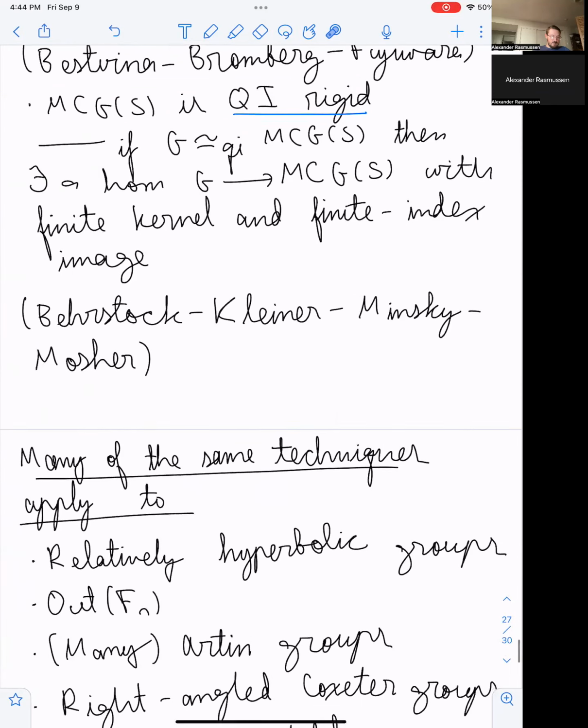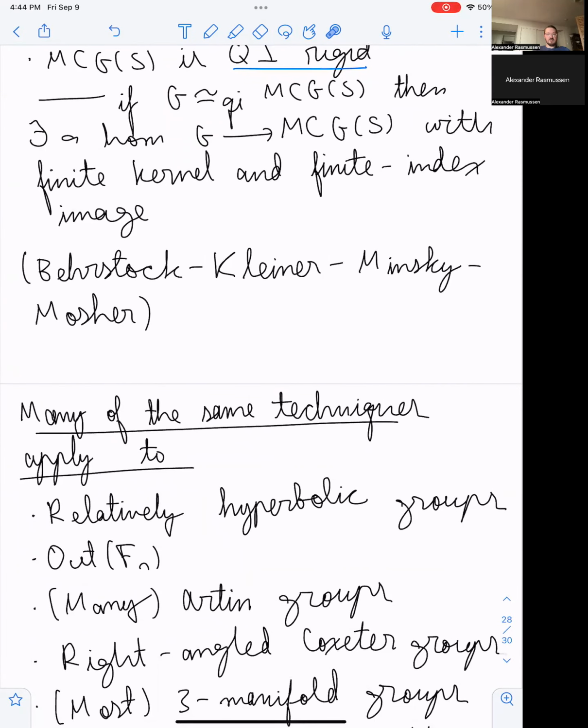Okay, so that's all I want to say about mapping class groups, but just to wrap up, what I really want to advertise is that these same techniques involving the curve graph for the mapping class group extend to a very, very wide range of groups.